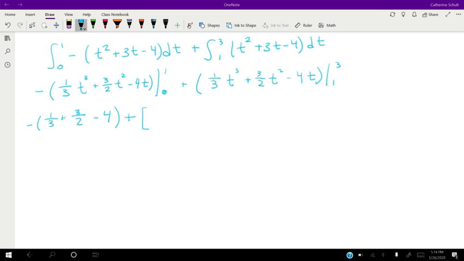Let's plug in the 3. 1/3 t cubed, 1/3 times, I'm going to do some shortcuts, 1/3 times 3 cubed, cancel 3, we're getting 3 squared, plus 3/2 times 3 squared, so 9 times 3 is 27. And then we're here, minus 4 times 3 is 12. Okay? And then we're going to subtract the 1. So 1/3 plus 3/2 minus 4.